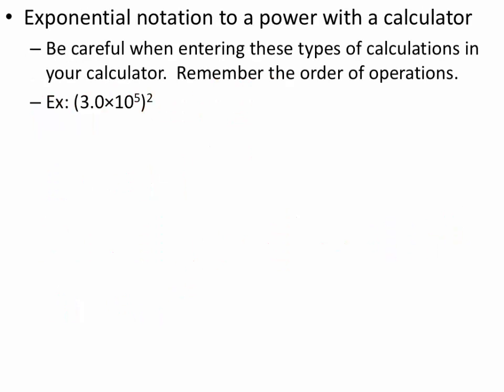So be very careful when you're doing these exponential notations to a power with a calculator, because you need to remember your order of operations. This is all going to depend on how exactly you're typing in this 3.0 times 10 to the 5. If you're typing in the 3.0 by hitting the 3 button, and then 0.0, and then the multiply button, and then typing a 1 and a 0, and then typing a caret and a 5 to get your 3.0 times 10 to the 5, in this case your calculator is treating 3.0 as one number, the 10 as a number, and the 5 as a different number.